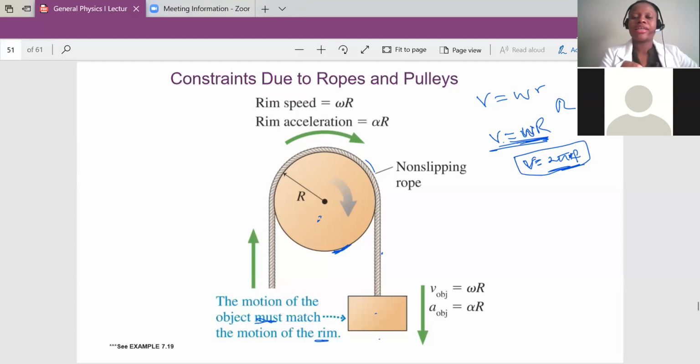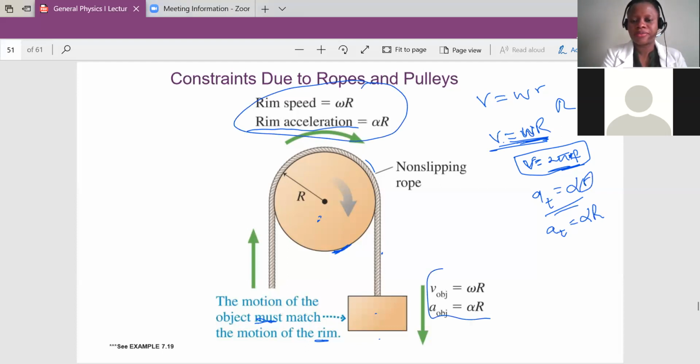So we'll have the rim acceleration, which we can call the tangential acceleration on this point, to be this relationship. This is defined as capital R. So we'll have the rim acceleration to be alpha R. So the same thing we wrote here is what we represented here. The velocity of this object will be expressed as this, and the acceleration expressed as the product of angular acceleration and distance.